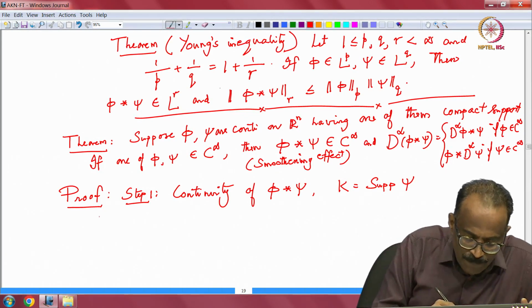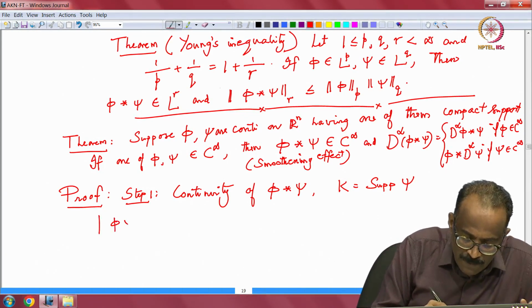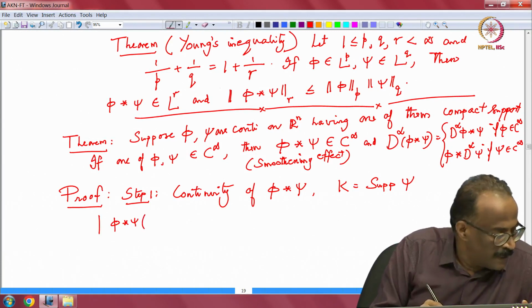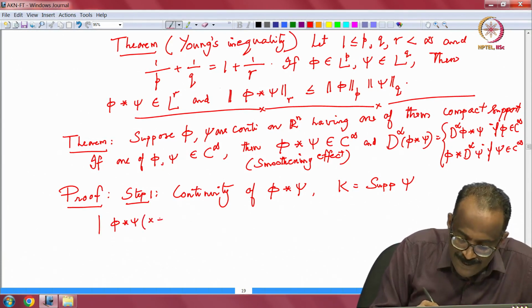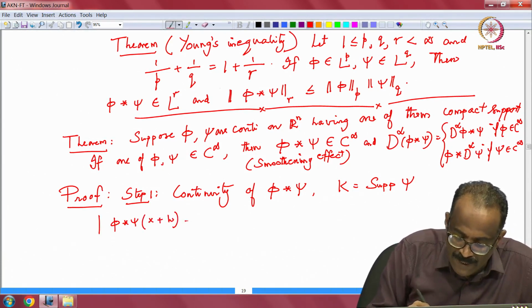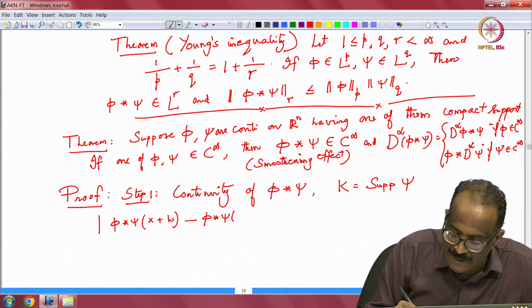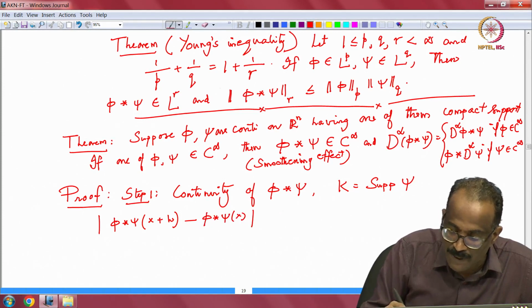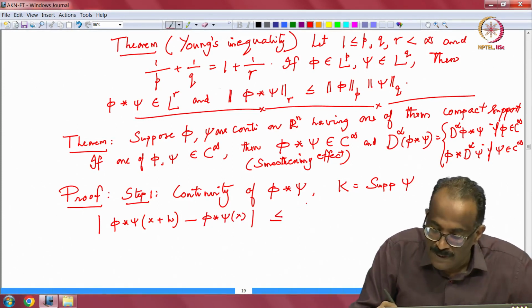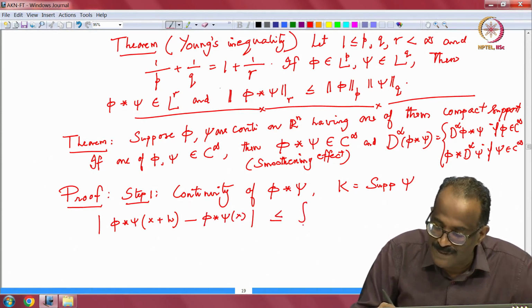So, let us compute this: phi star psi at x plus h minus phi star psi at x. The existence you already know. This will be less than or equal to the integral over a compact set, the support k.